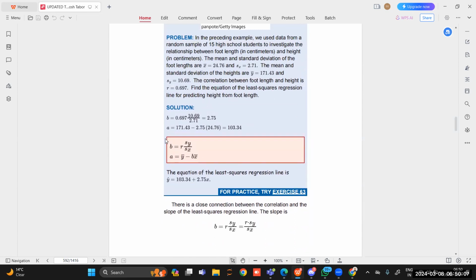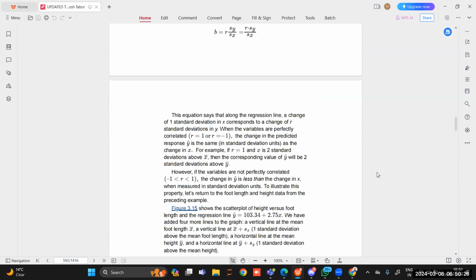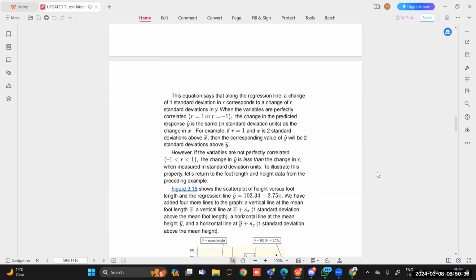He has taken the equation. He has done the regression line equation, given the equation of the regression line as y hat equals a plus bx. Now he is explaining that this equation says that along the regression line, a change of one standard deviation in x corresponds to a change of r standard deviations in y.